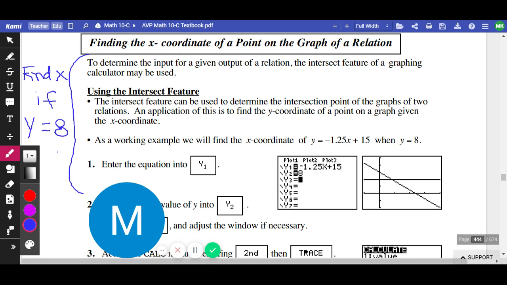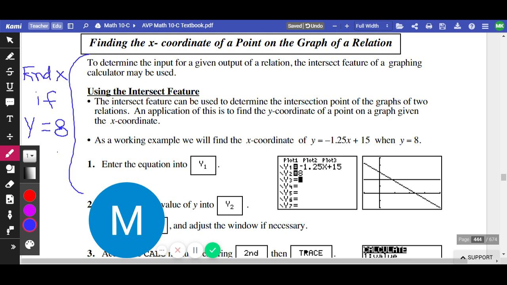So trying to find an input when you have an output isn't quite as easy. Your calculator has no quick way to do it. It only knows how to take inputs, and then tell you the output. It doesn't know how to work in reverse.